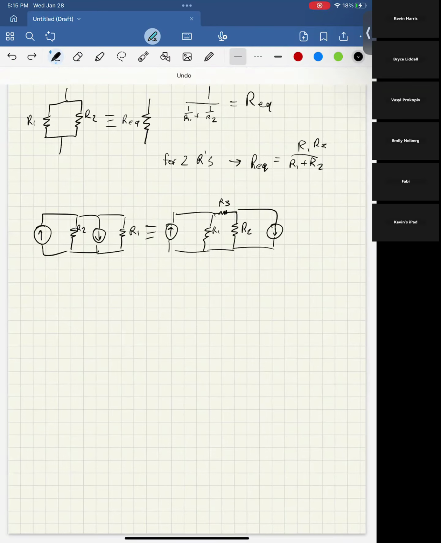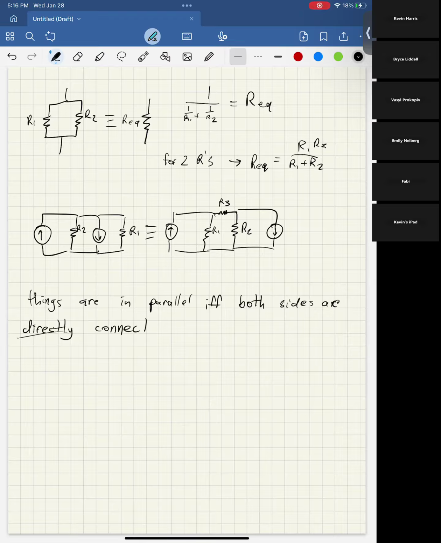The way that you know things are in parallel, I'm going to write this in words because I really don't want people to mess this up. Things are in parallel if and only if, math notation, both sides are directly connected by a wire.